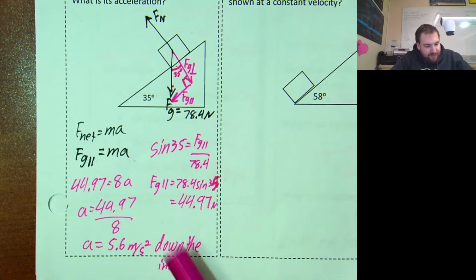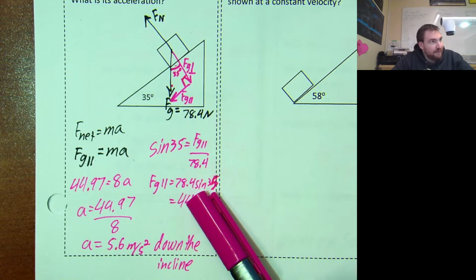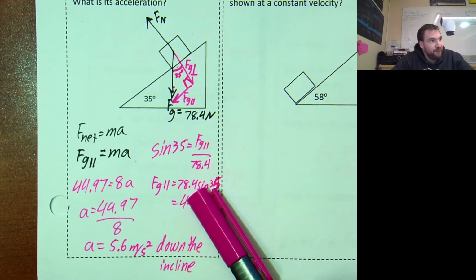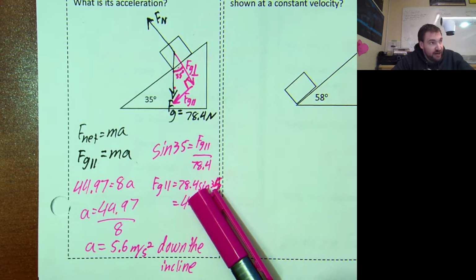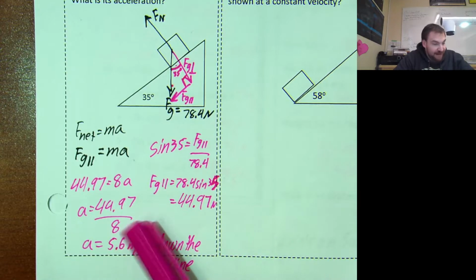Where did that 78.4 come from? It came from gravity. The force of gravity. So that 78.4 is mass times g. So this 44.97 has mass multiplied by g built into it, and then I divide that mass away right here.